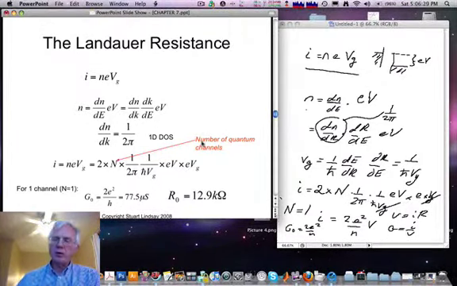So this is a remarkable result. It says that a quantum channel will have a universal resistance or conductance.